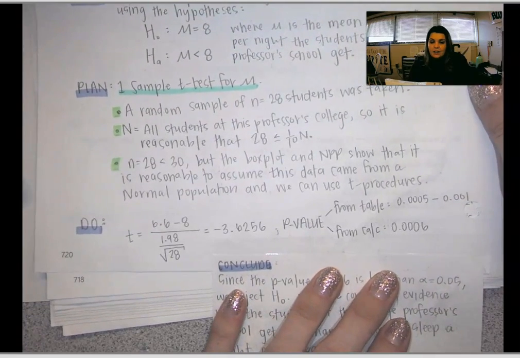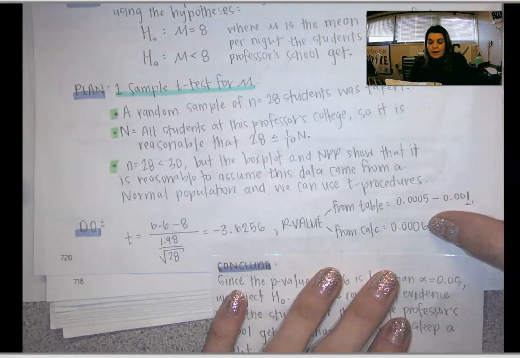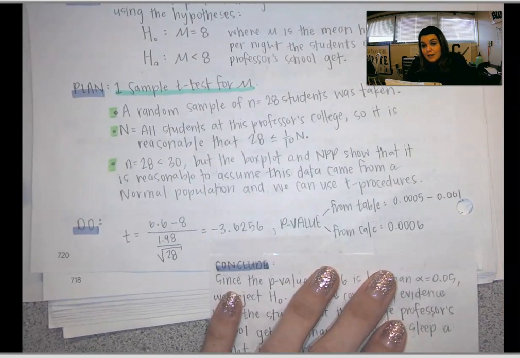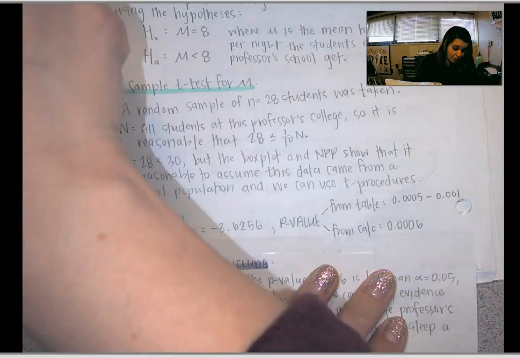My p-value, remember I've asked you guys to find both just so that you have the practice. So if you're using the table, your percent is from, okay, family, these numbers are so small. So here's how I'm going to think about these.